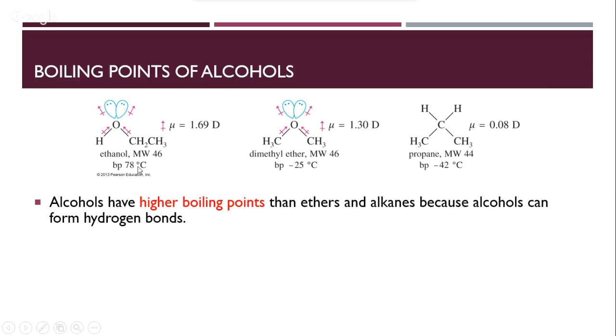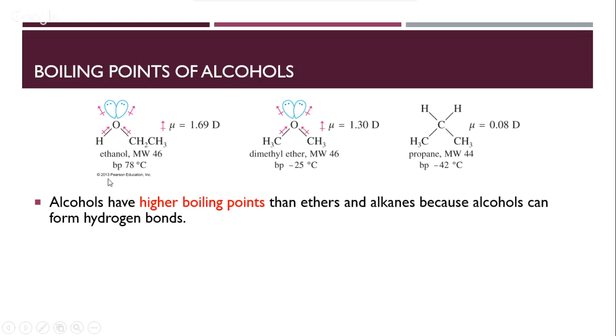Let's look at boiling points in some more detail. Alcohols have higher boiling points than ethers and alkanes, which we have already seen, because alcohols can form hydrogen bonding. So here is an example of an ether, and here is an example of an alkane. If you look at the alcohol, the boiling point is actually 78 degrees Celsius. The one of the ether is simply minus 25 degrees Celsius, and one of the alkane is minus 42 degrees Celsius. So you can imagine the amount of increase in boiling point.